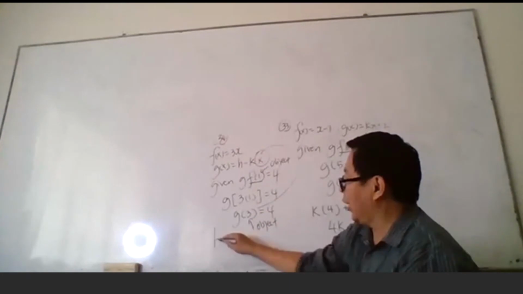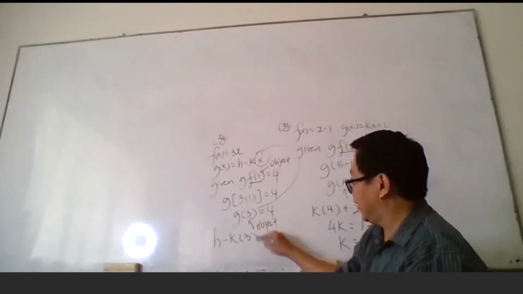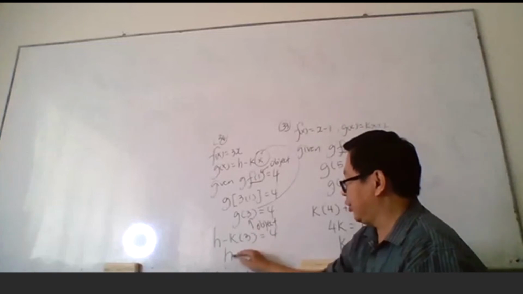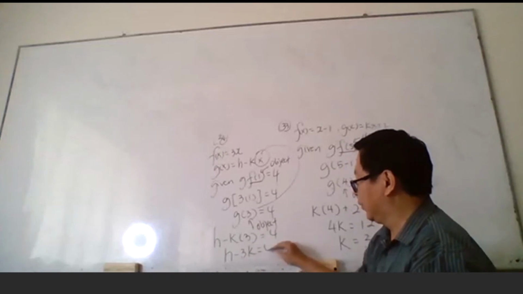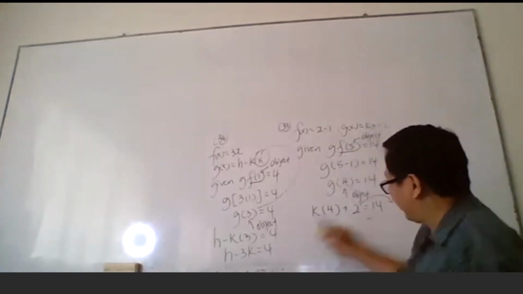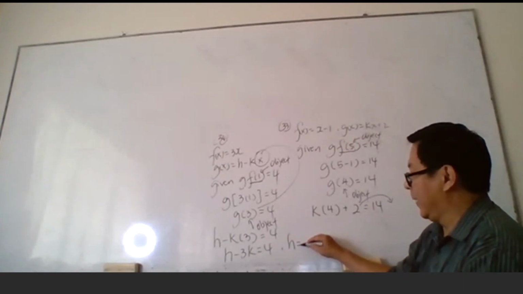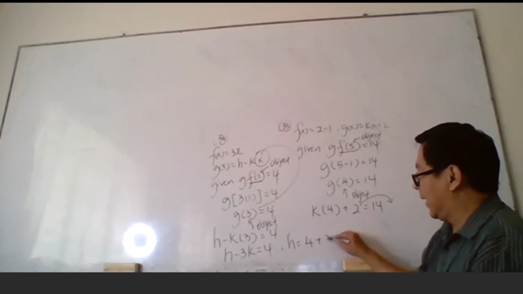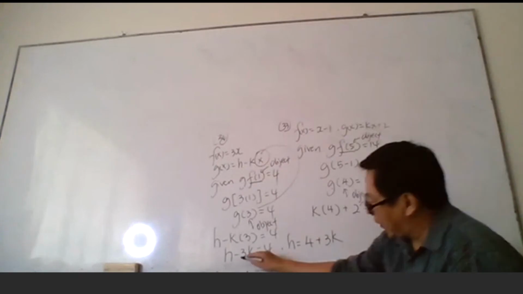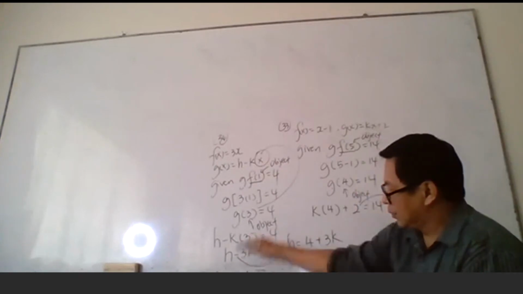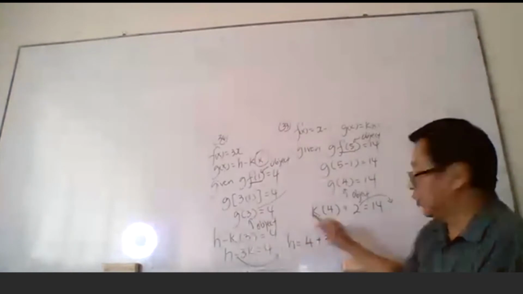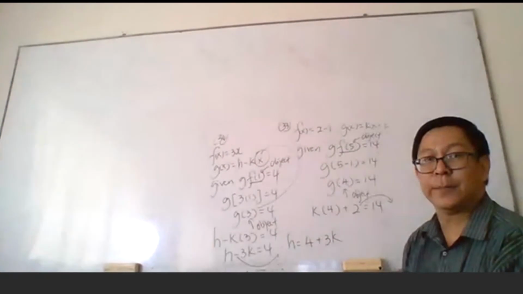So h - k(3) = 4, h - 3k = 4, and finally my h will definitely be 4 + 3k. You bring the negative from your left hand side to your right hand side.